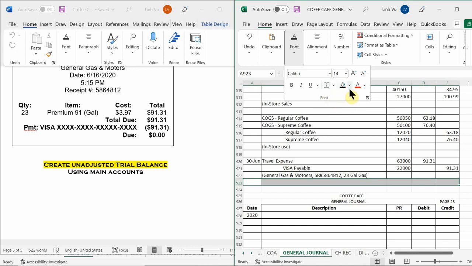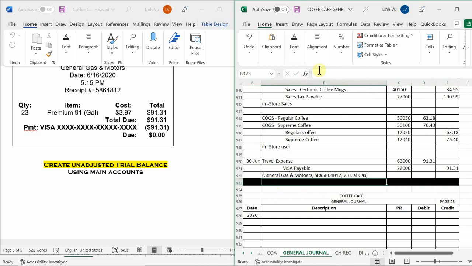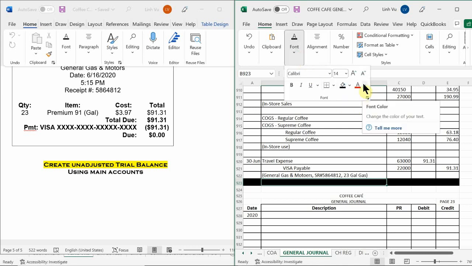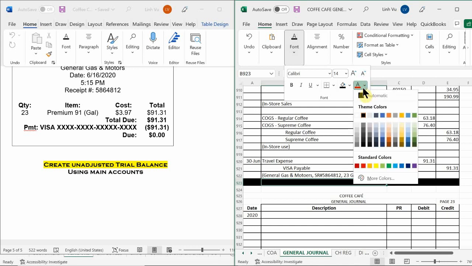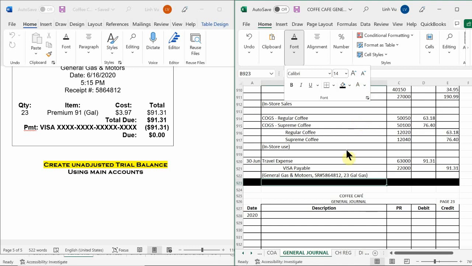But in this case, it's not necessary because at the end of the day, we're just blocking it off. So then we remind ourselves that we are completely done with the transactions. And if we need to fix it or add any correcting error journals, then we'll go ahead and do so.